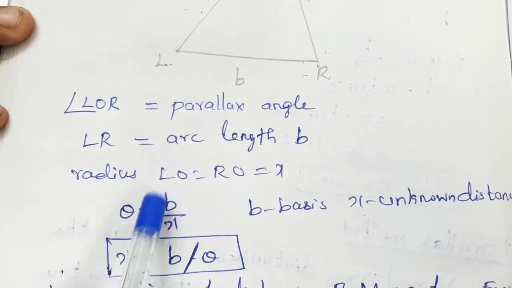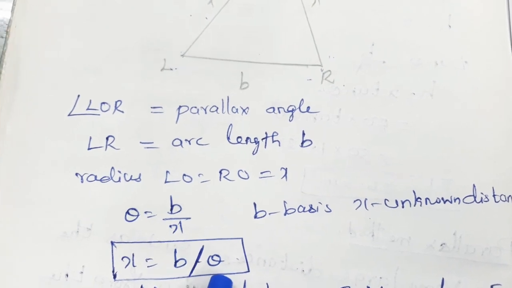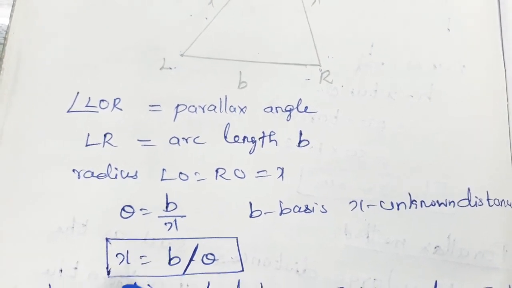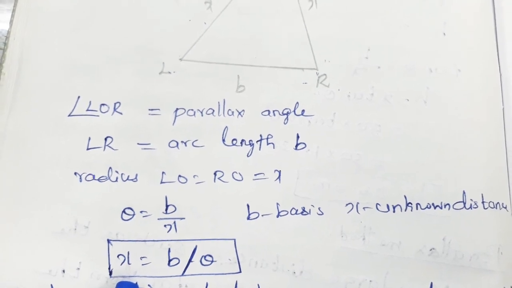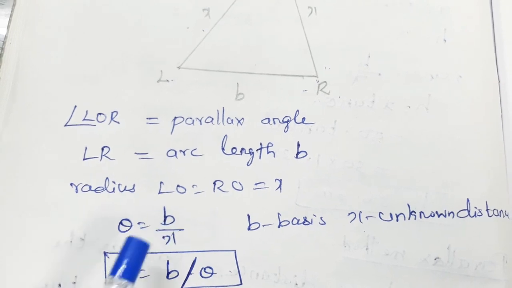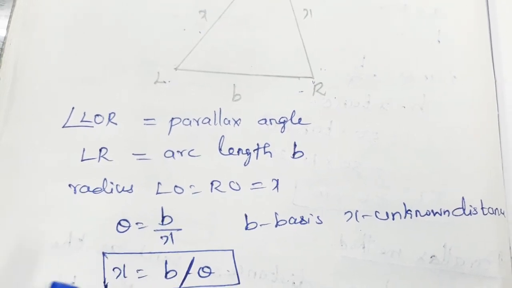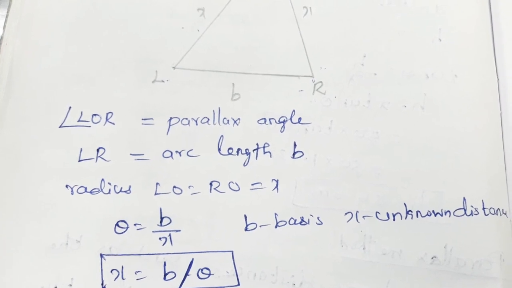So what is the value of X? X is equal to B by theta. This is the formula for measuring the distance using the parallax method. For the triangulation method, h is equal to X tan theta. For the parallax method, X equals B by theta.